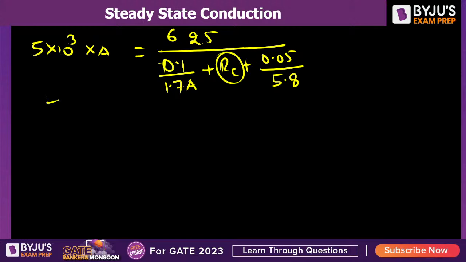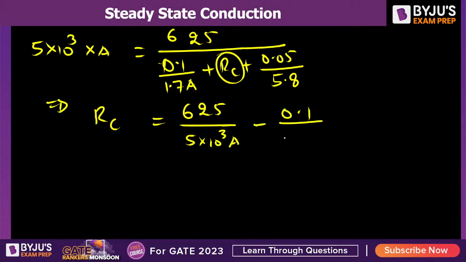From here you can find out the value of RC. What is RC? That will be equal to 625. Find out the value of RC: 625 divided by 5 into 10 to the power 3A minus 0.1 upon 1.7 into minus 0.58.